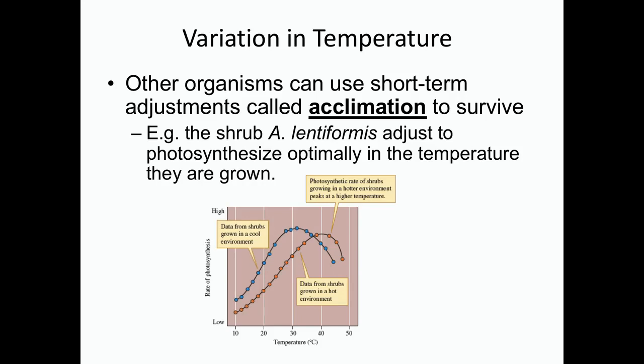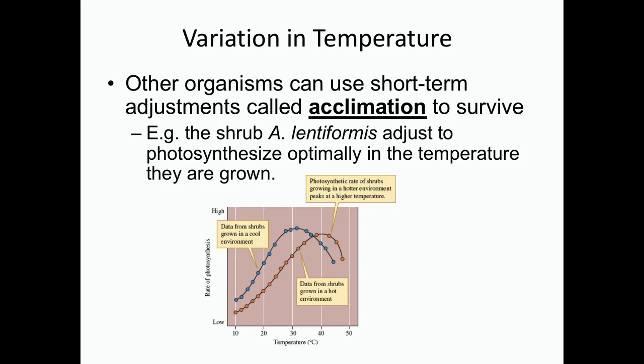Other organisms don't want to shut down during these extreme temperature periods, so they're going to do something called acclimation. They'll be able to, for a short term, change their biology in some way to allow them to survive in these other temperatures. So for instance, there's a shrub called A. lentiformis that will actually change its temperature optimum depending on what temperature it's grown in.